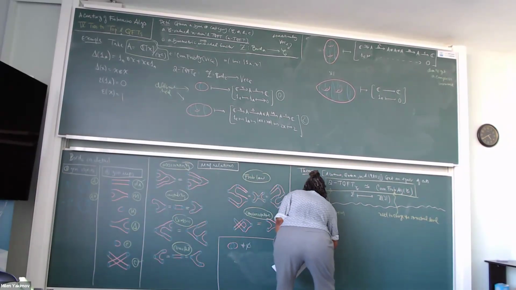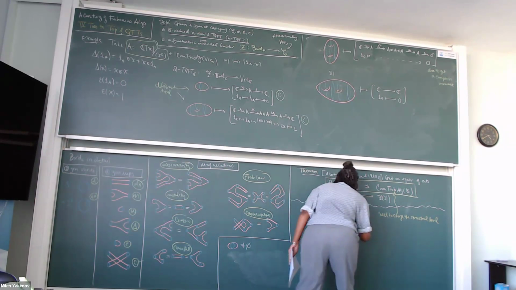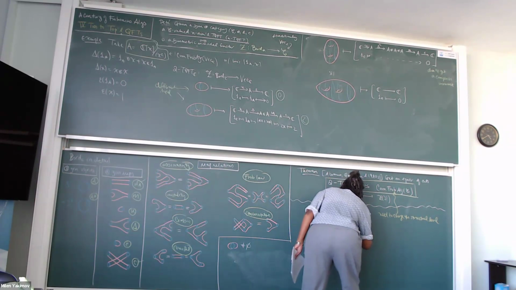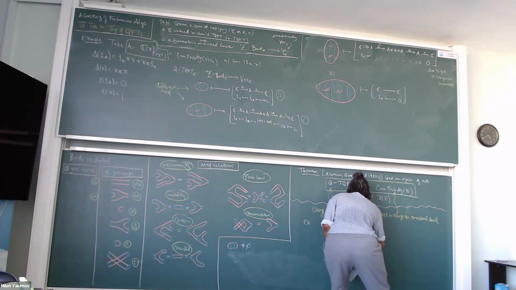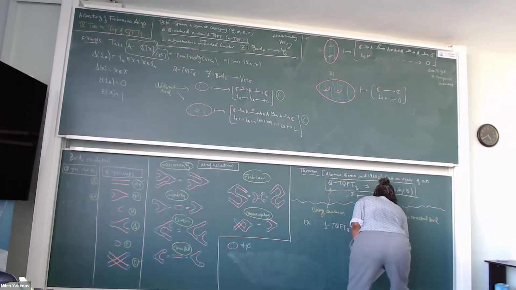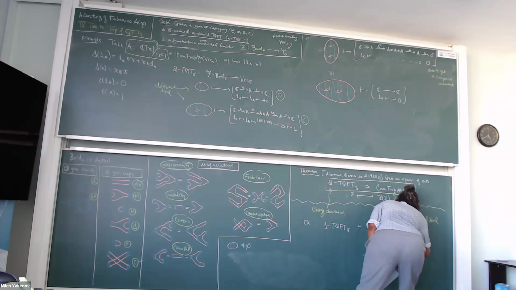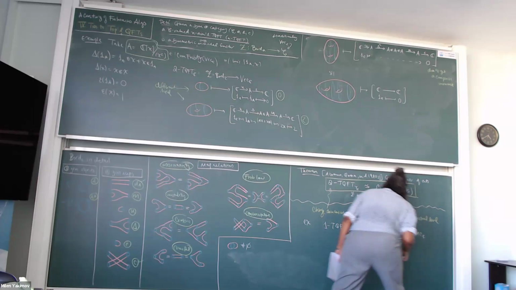If I wanted to look at, let's say, 1D TQFTs in C, you get an equivalence of categories, but essentially this is going to be a certain alteration of the category of finite dimensional vector spaces.